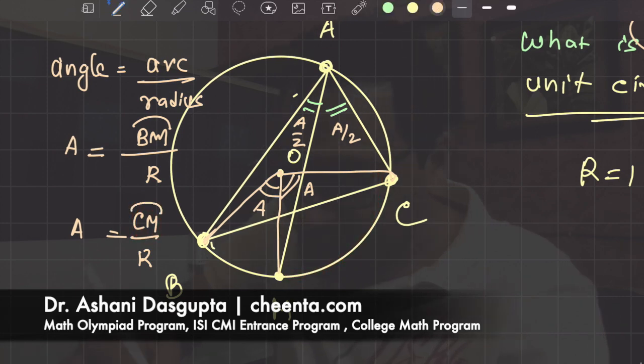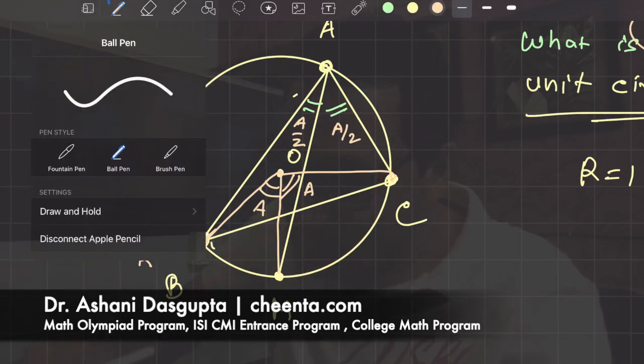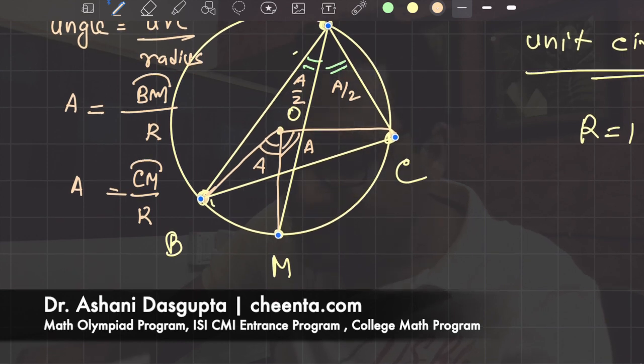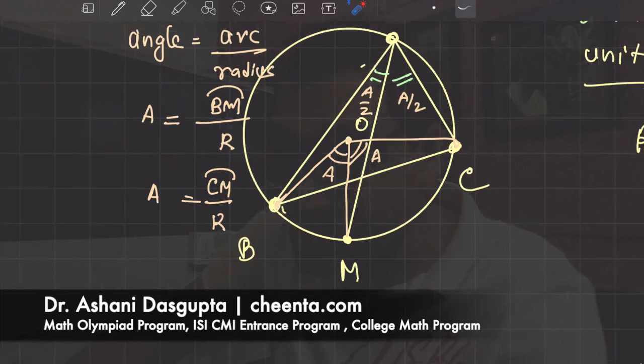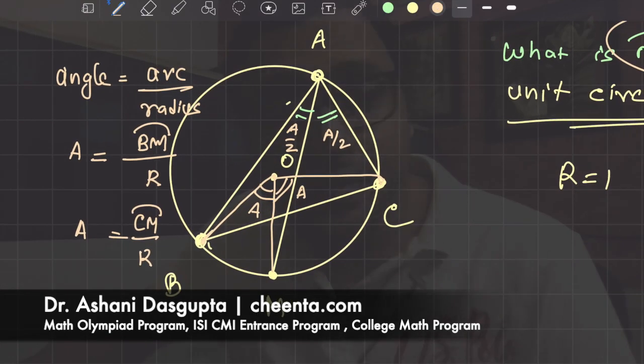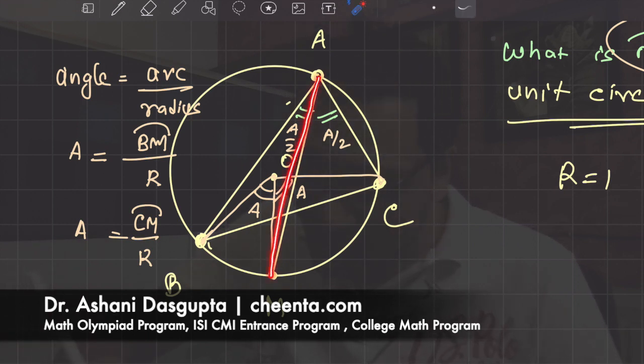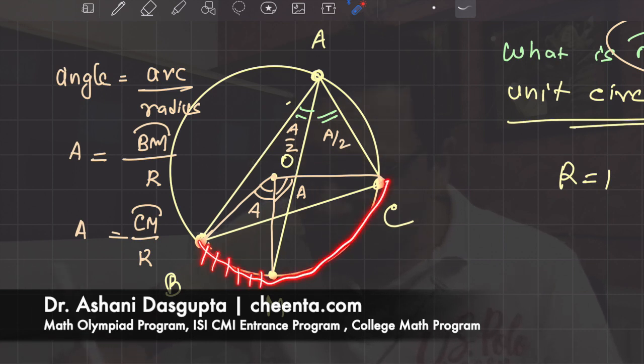So in fact, we can say that BM and CM, both of these arc lengths are actually equal. We arrive at a very interesting conclusion that if we draw the angle bisector, it splits this arc into two equal parts. Okay, that's great.